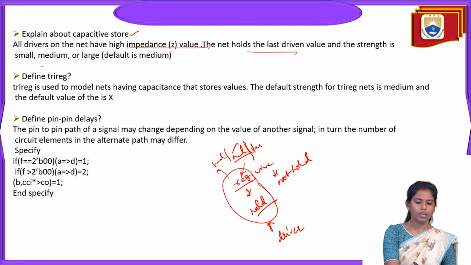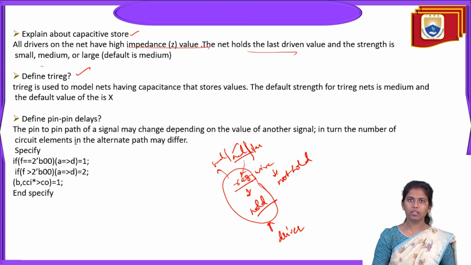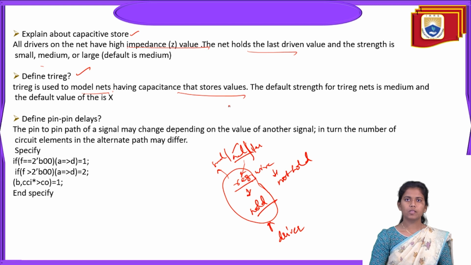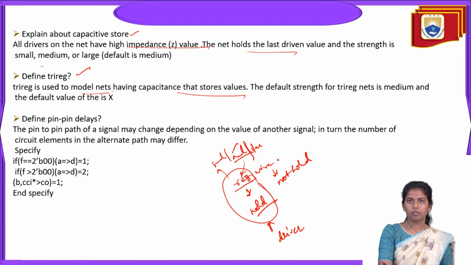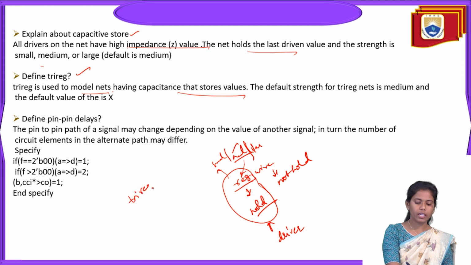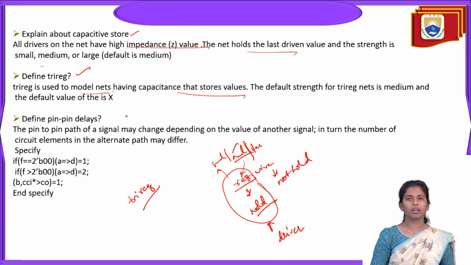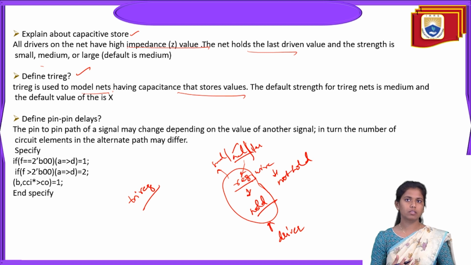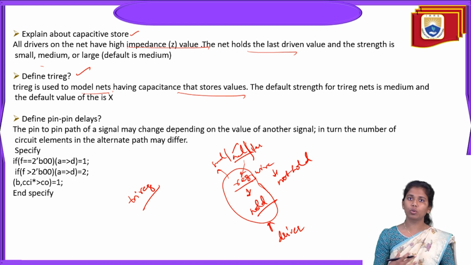Coming to trireg, trireg is also one of the nets, used to model a net having capacitance or storing a value. So here reg and wire are nets, whereas trireg is also a sort of net, used in order to store the value. In order to store the value, we make use of some net or variable that holds some information.